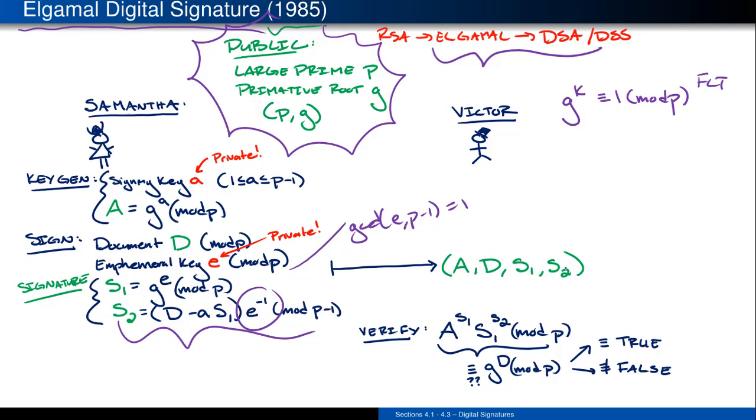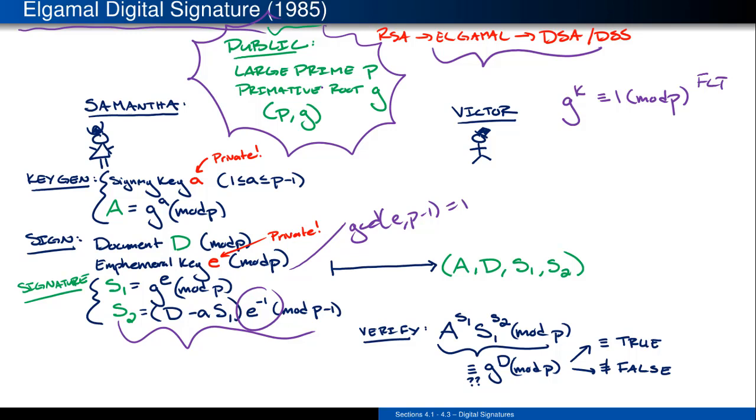We know the two parts of the signature, S1 and S2. And he also happens to know the values P and G. I tried to keep it so that anything written in green is publicly available, and anything written in red is the private stuff. So we have 6 random things that Victor has to play with, and now he has to somehow merge them all together to see if this thing is properly verified.